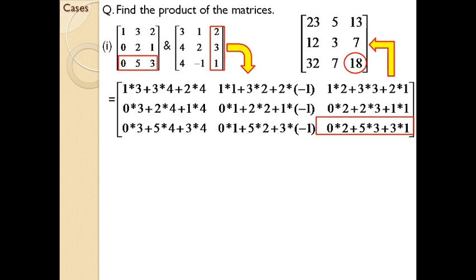This is how you have to deal with the case of multiplication of two matrices. I hope you understand the basic concept, and through this example I hope everyone has understood the logic, what steps have to be considered, and what rules and basics have to be familiarized while dealing with the multiplication of matrices.